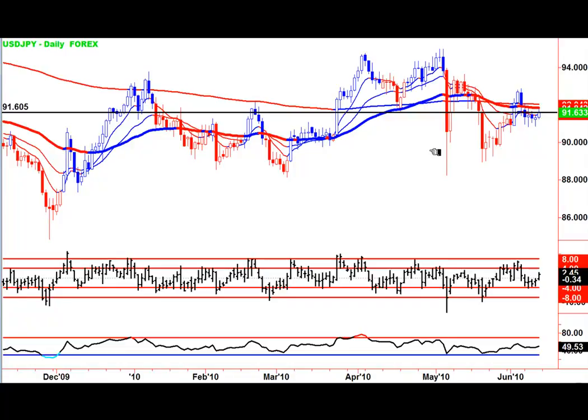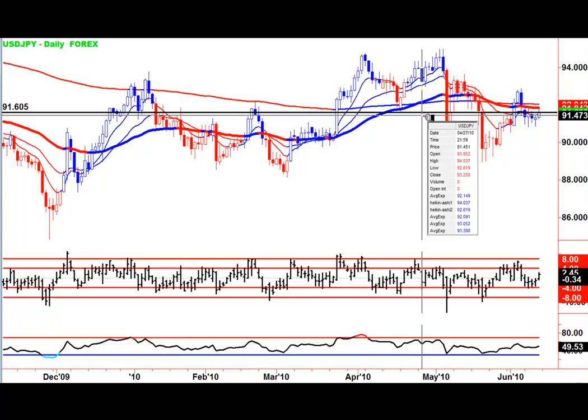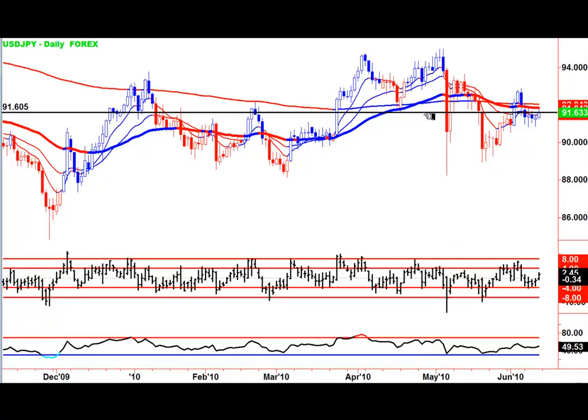There's no 50 MA trigger bar, which is the ideal situation. Potentially a little bit of a shooting star coming off the 50 MA. I think a break of that 91.5 on the US dollar yen, and this could roll over. So that's what I'm looking for on the US dollar yen.